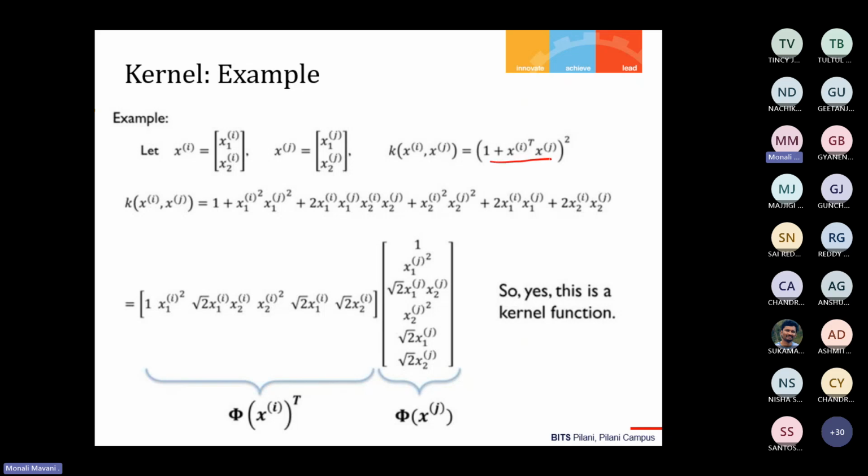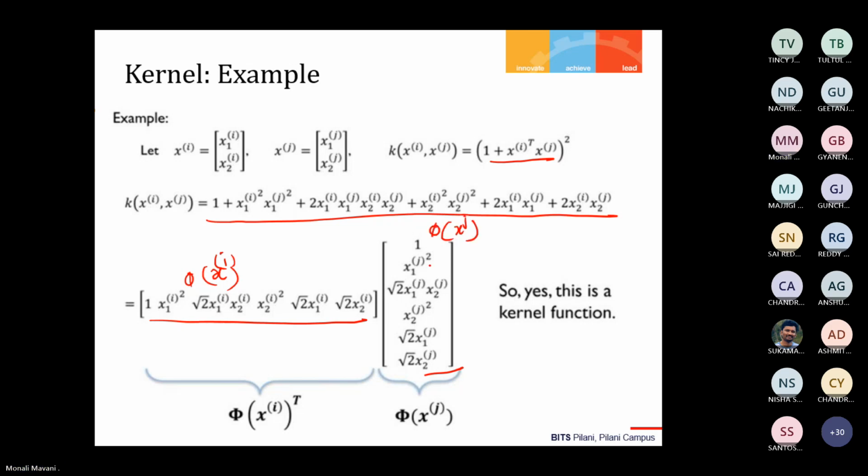This is the kernel function: (1 + xi transpose xj) the whole square. This is the square formula (a + b) the whole square, which we have done. We can divide this into terms: this is the xi feature, which is transformed, and this is the xj feature, another data point transformed into high dimension.